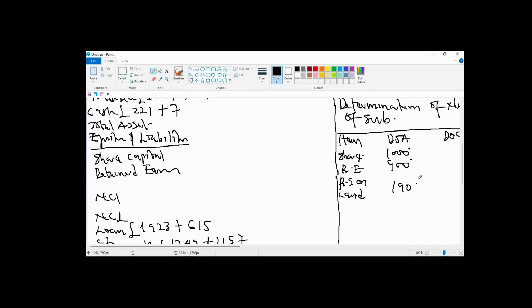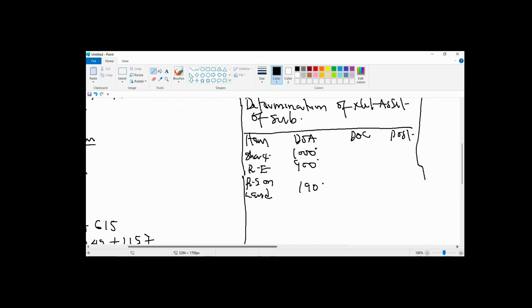Again, 20 plus 190, 210. 190 is the date of acquisition. For that 20, 190 plus 20, 210. It will give me post-acquisition profit of 210 minus 190, 20. Get the logic.